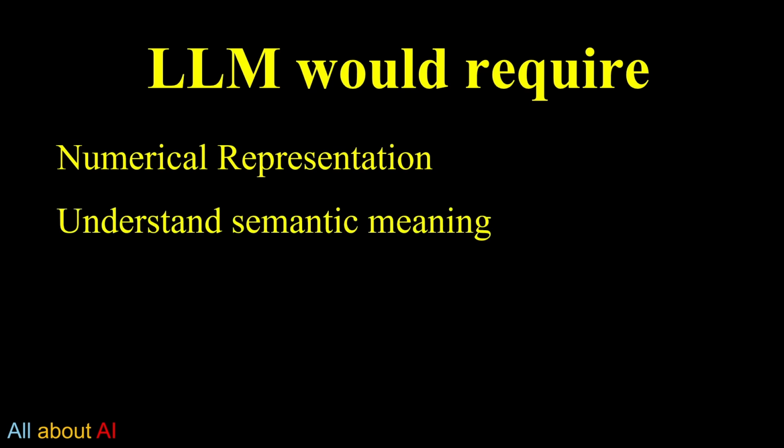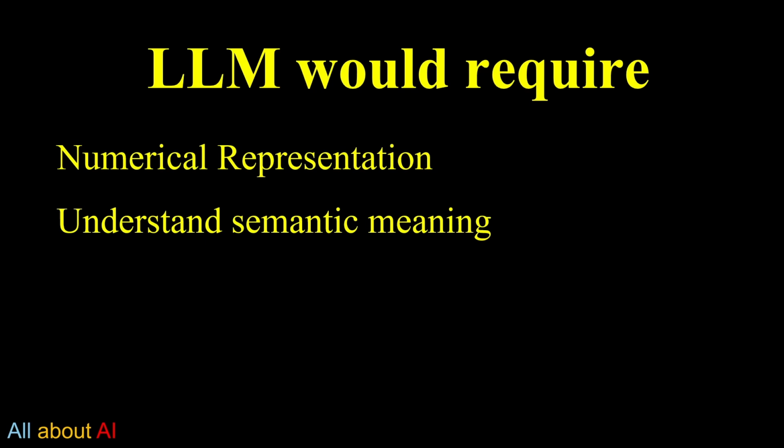Now, once it is converted into numerical representation, the most important thing is to understand semantic meaning. When I'm saying understand, it's not necessarily that the machine or algorithm really understands, but we have to give them the mechanism so that they grasp the meaning of words and their relationships to understand what's being communicated.